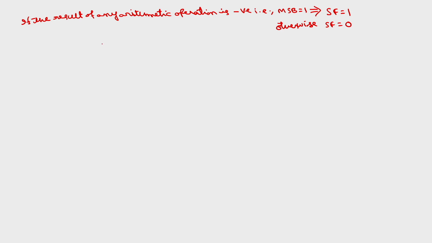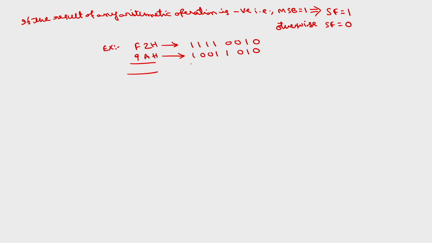So, if we take an example here also, if we want to add F2 plus 9AH. So, F2 is 1 1 1 1 0 0 1 0, and 9A is 1 0 0 1 1 0 1 0.